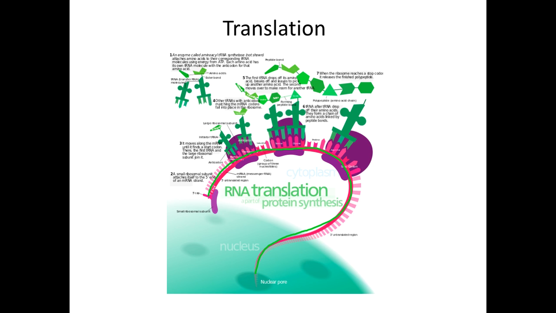A tRNA has on it a series of 3 bases, or an anticodon, that's able to bind with 3 bases that's on the RNA. At the other end of this, we have an amino acid.